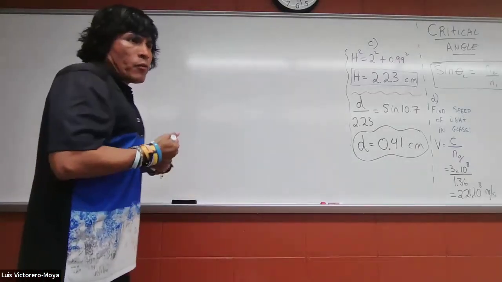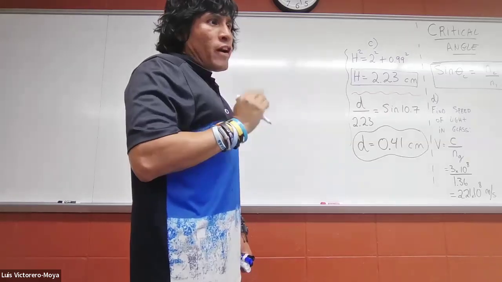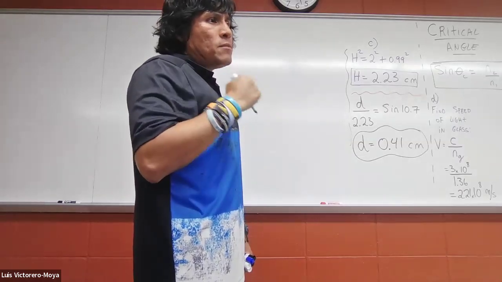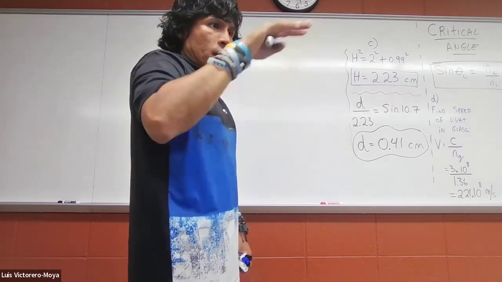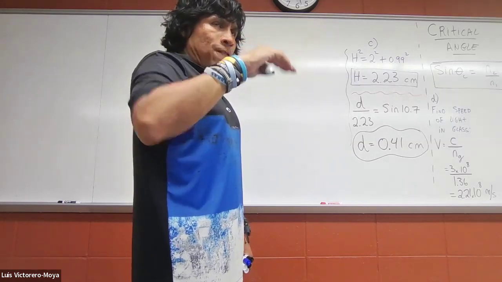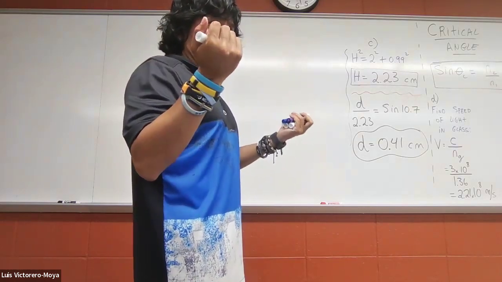So another way you can apply critical angles is to find the minimum or maximum angle so light doesn't reflect away from a piece of glass or a pipe, right?